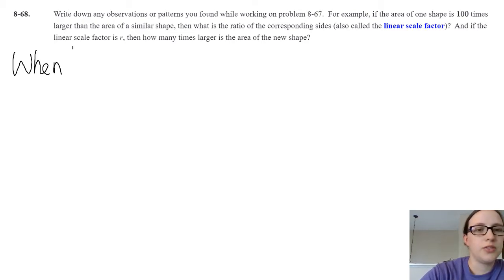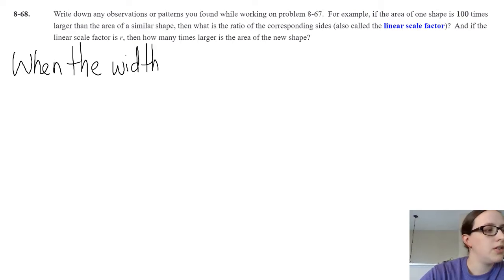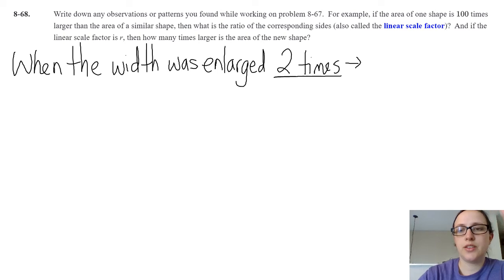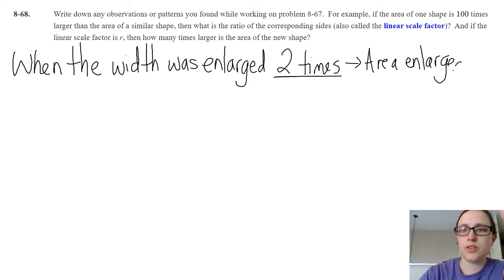All right, so when the width, write this down in our notes, when the width was enlarged 2 times, then the area was enlarged by 4 times.